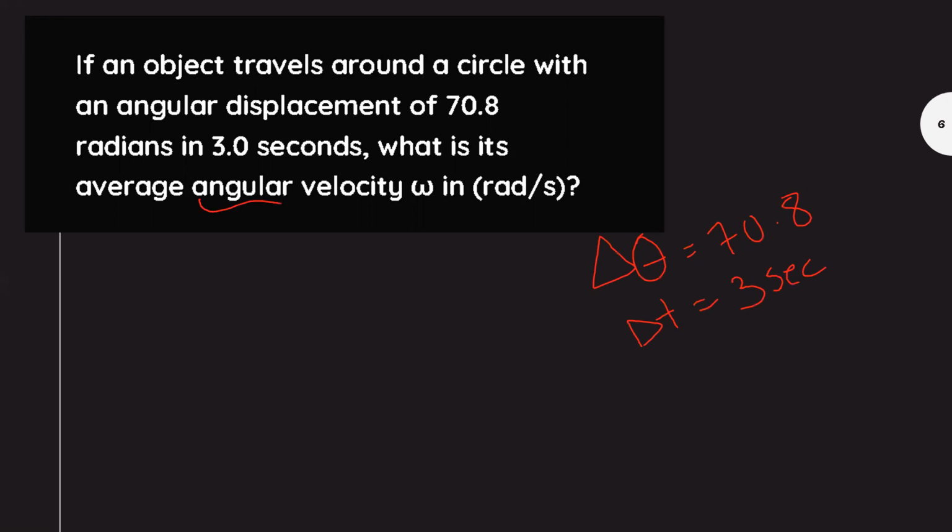I need to find the angular velocity omega. Angular velocity omega is the change of the angular displacement over the change of time, which is 70.8 over 3. Let's find it with the calculator. Don't forget the unit for omega will be radian per second.